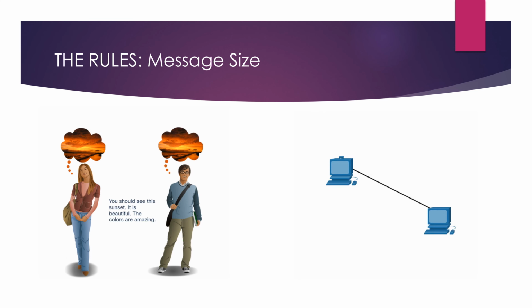And as you can see, when the source tries to send the whole message to the destination, it is not able to understand because it's a long frame. But when he separates the message into smaller pieces or frames, the destination is able to read the message.